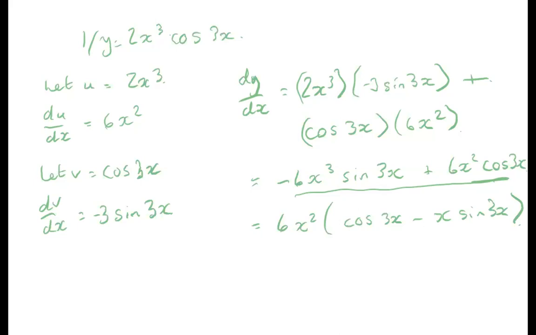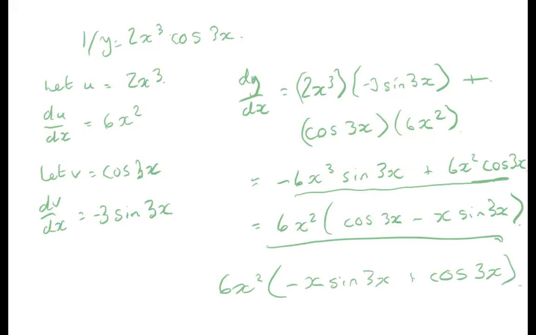You could quite easily write this final answer as 6x squared cos 3x minus x sine 3x. It's the same thing. Just changing them round tidies that up a bit, because you're not tending to lose that leading negative sign here.